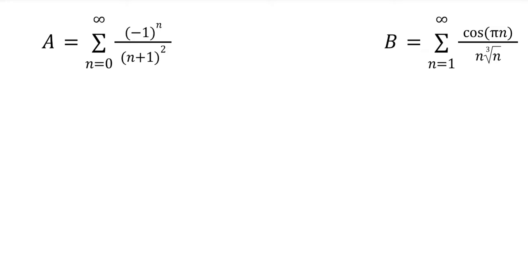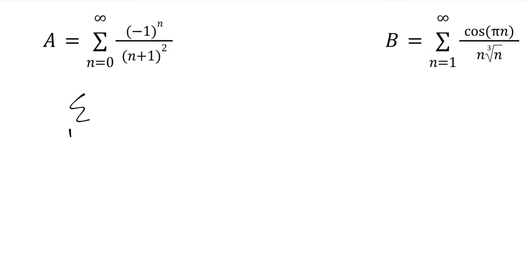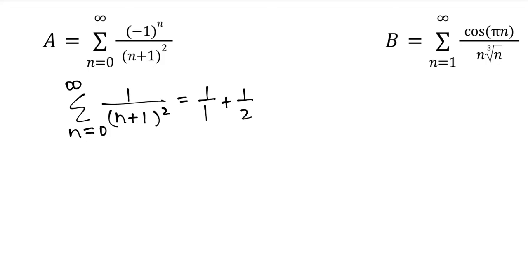So I'm going to say, all right, well, consider the sum n going from 0 to infinity of 1 over n plus 1 squared. Those terms are going to be 1 over 1 squared, 1 over 2 squared, 1 over 3 squared. This is a p-series.